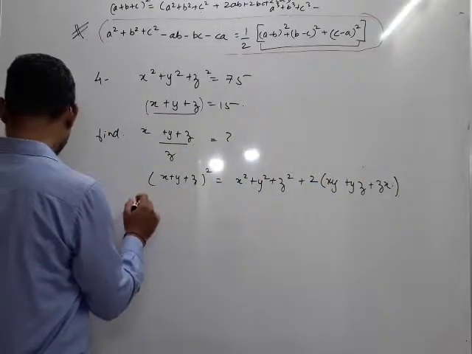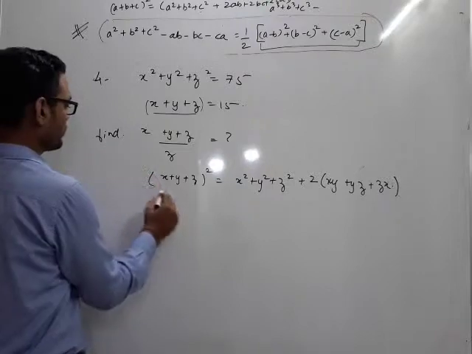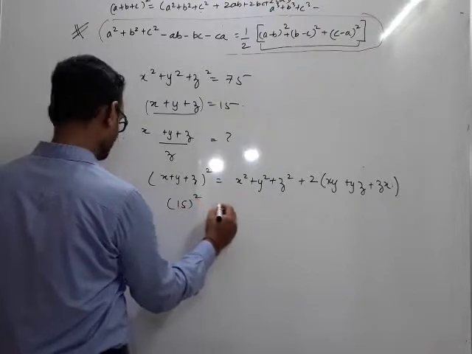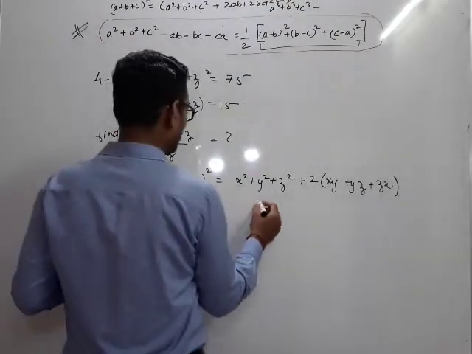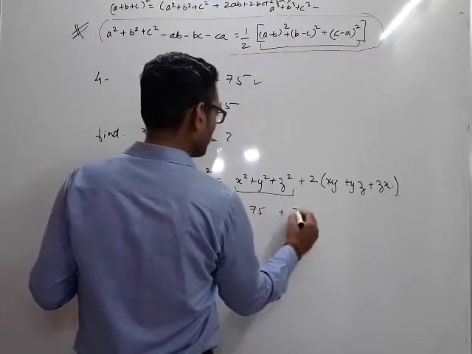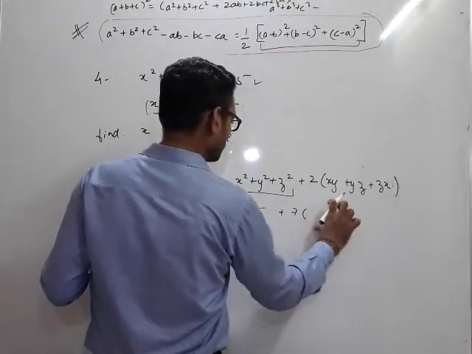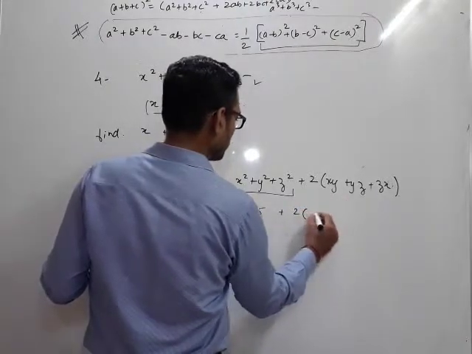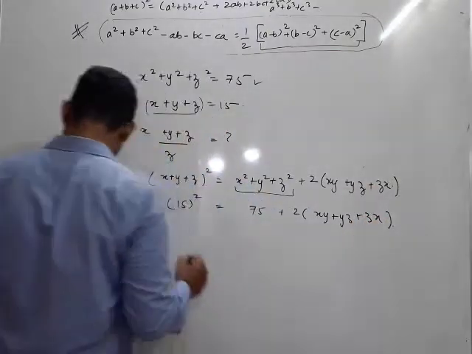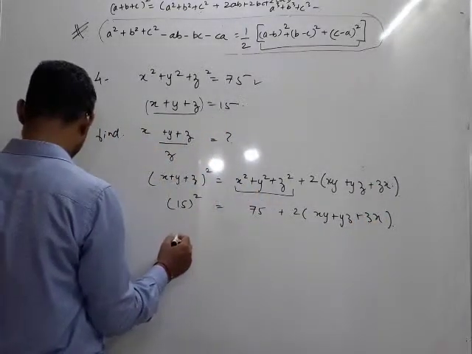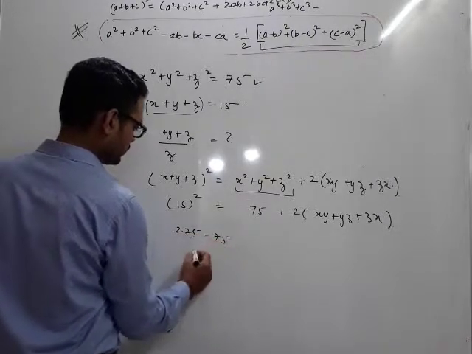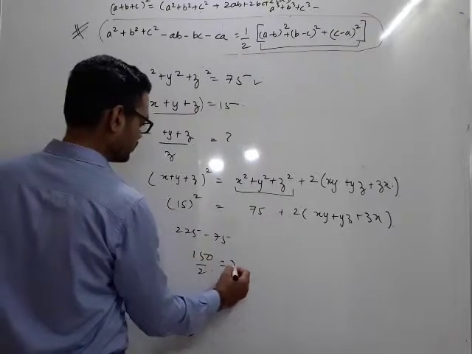Alright, so what is x plus y plus z? We will substitute the values. It is 15. So 15 square is x square plus y square plus z square, which is also given as 75, plus twice of xy plus yz plus zx. So we'll get the value of xy plus yz plus zx, which comes to 225 minus 75 is 150 by 2 is 75.